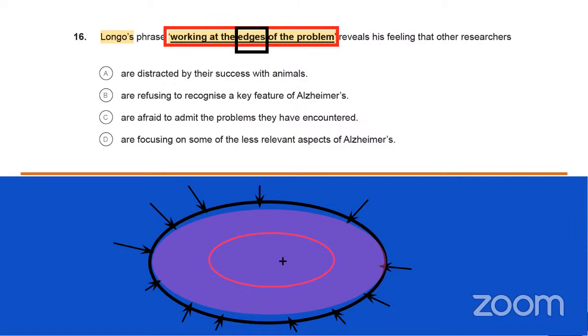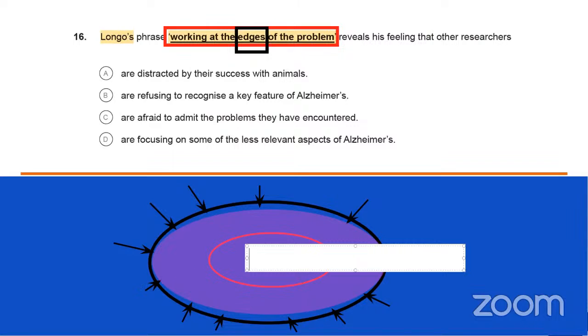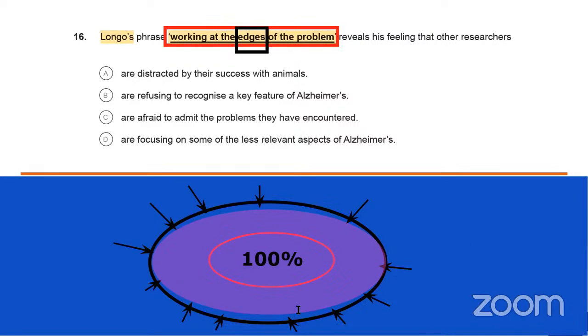Now, among this issue, the central part means 100% problem. Serious problem is here. So more relevant aspects.